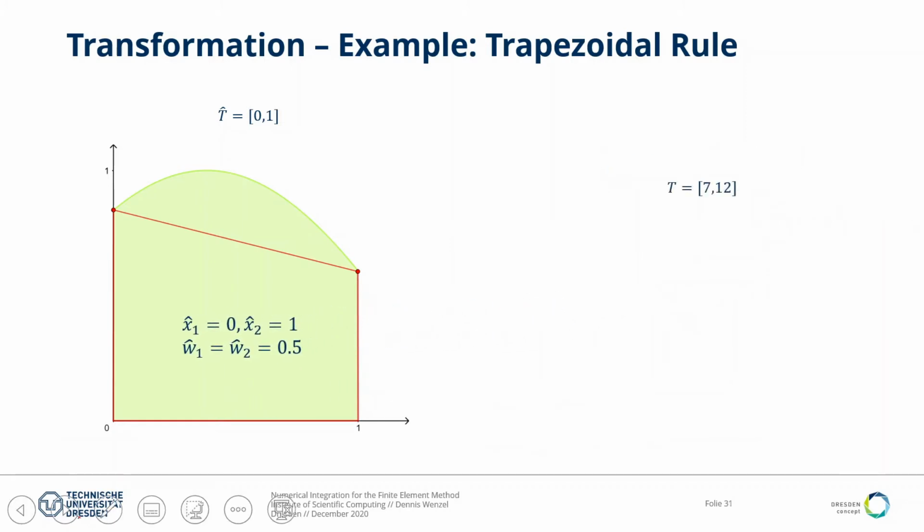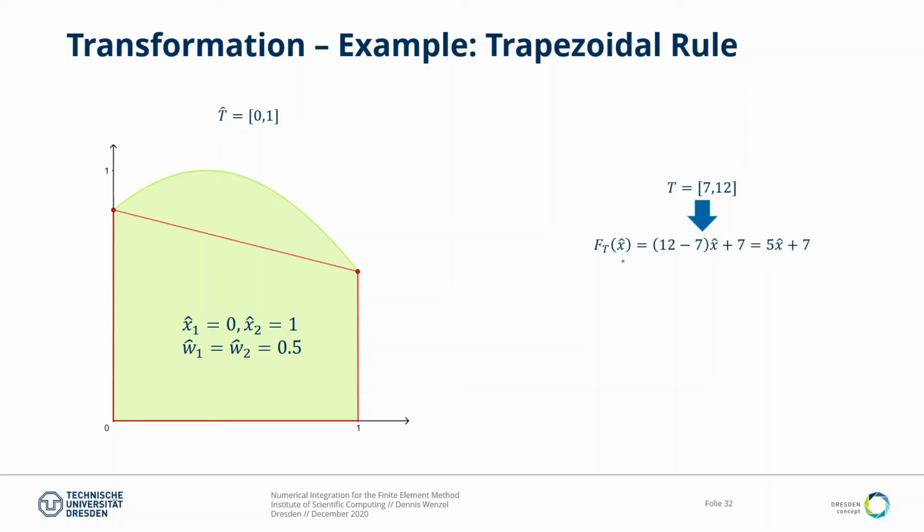Okay. And now let's see what happens if we go to another cell, in this case another interval. Let's say we want to transform that whole thing to the interval from 7 to 12. That is completely randomly chosen. What happens here? Well, the first thing we need is the computation of our reference map.